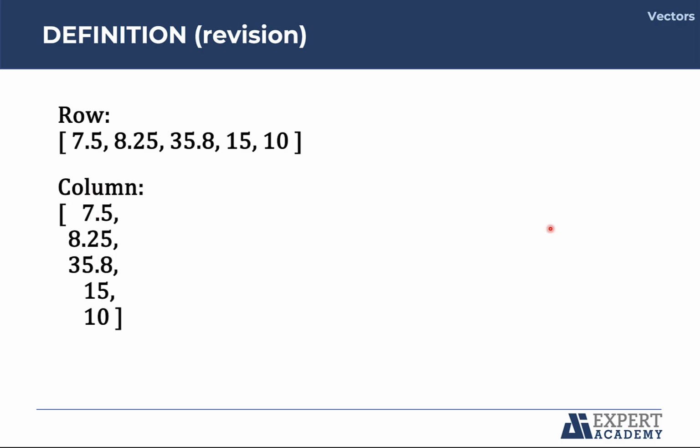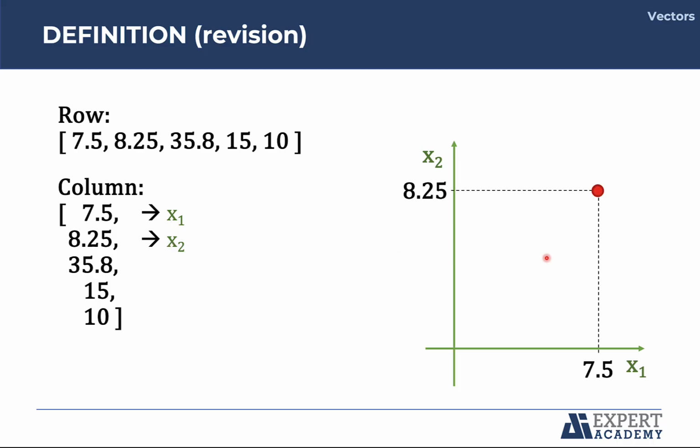They can also be represented as a point in a Cartesian plane. For example, we can select x1 and x2, and this point here represents the vector. Another representation is an arrow.